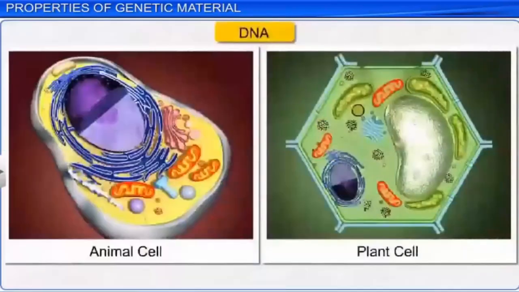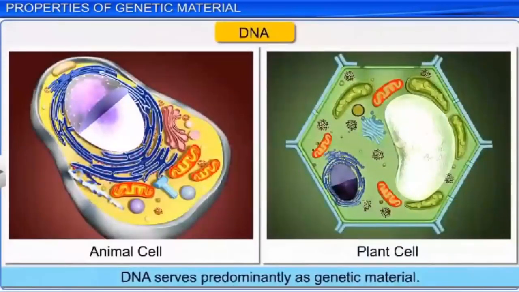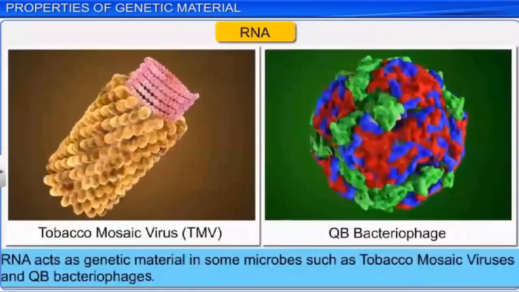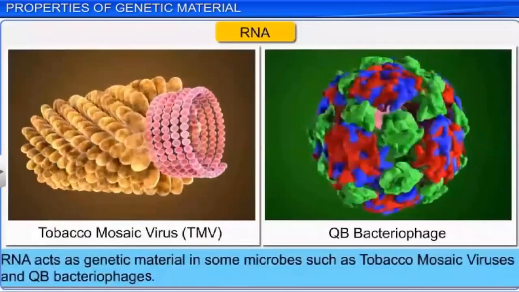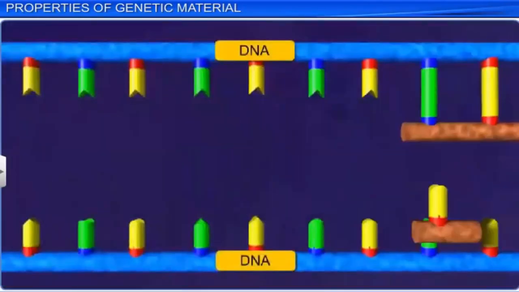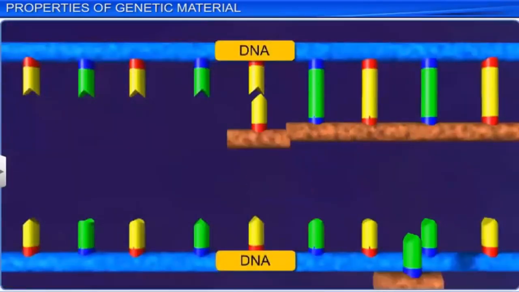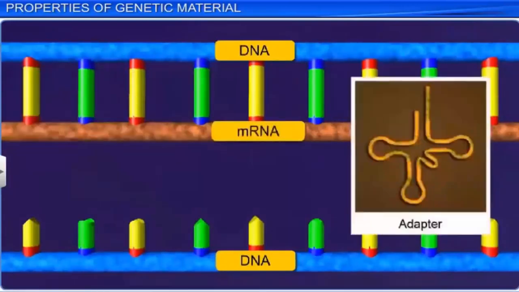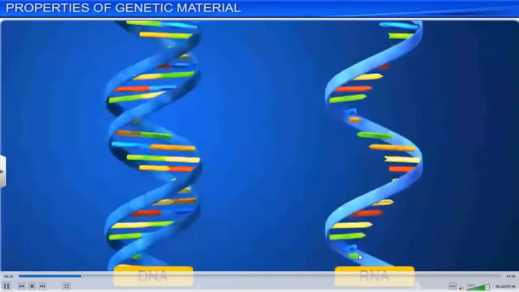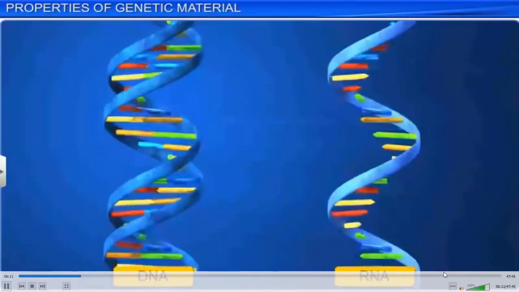Although it is to be noted that DNA serves predominantly as genetic material, RNA also acts as genetic material in a few microbes such as tobacco mosaic virus and QB bacteriophages, and also performs the role of a messenger and adapter. Of the two nucleic acids, it was DNA that played a part in Frederick Griffith's experiment.